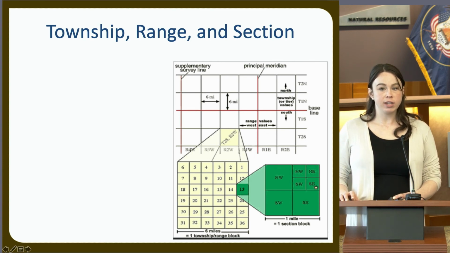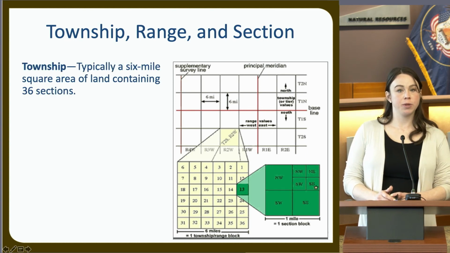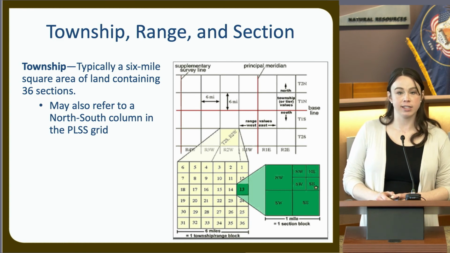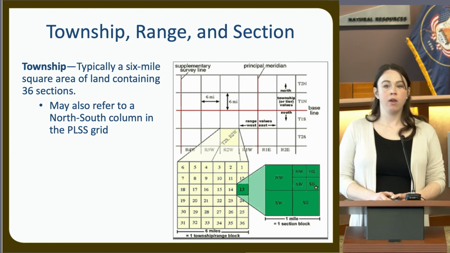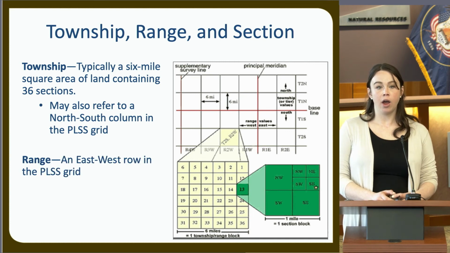If I were to walk 6 miles due north, I would be standing on Township 1 North, which are the columns. So townships are the columns in the PLS system. Now, if I'm back at Temple Square and I walk 6 miles east, then I would be on Range 1 East, which are the rows.